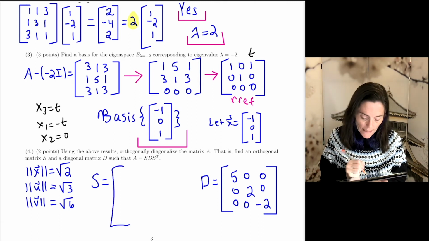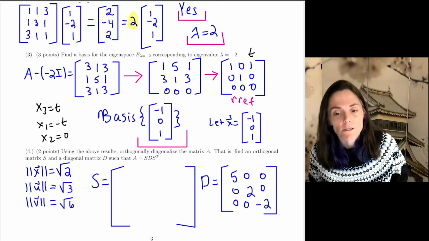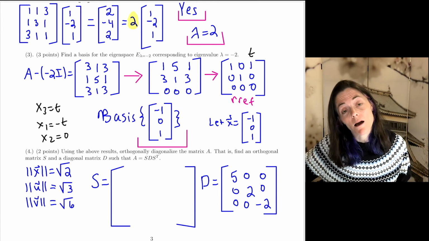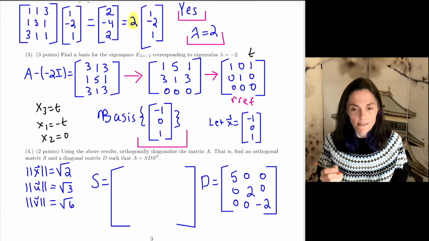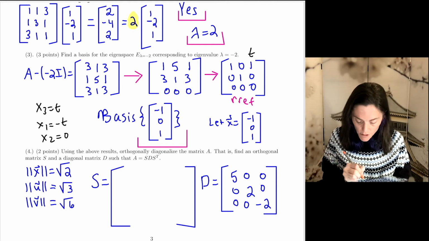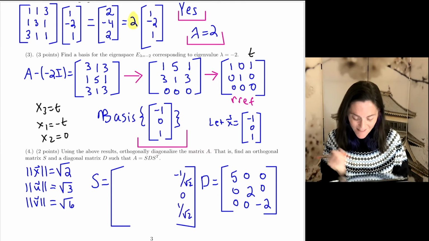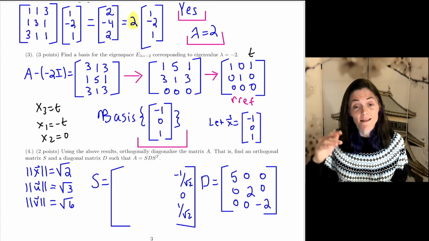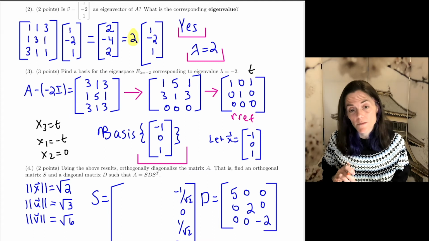Now the only thing I need to do is take these vectors, put them in the right order that corresponds to the columns of D, but then I need to make sure they're normalized. So I'll do the x1 first. This is minus 1 over the square root of 2, 0, 1 over the square root of 2. Then, corresponding to lambda equals 2, it's vector v, which has length square root of 6.